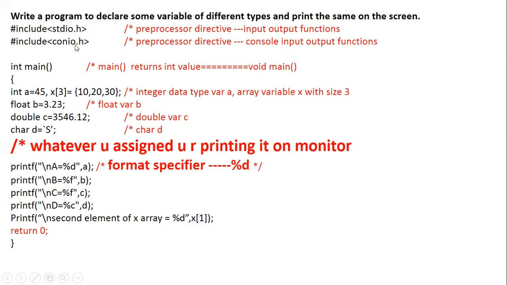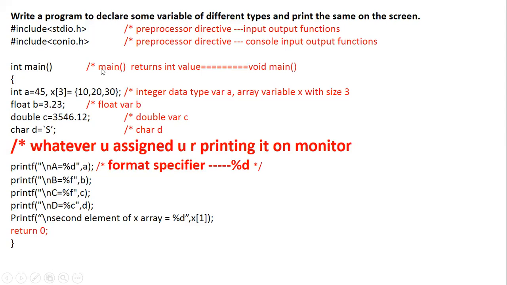Hash include conio.h is regarding the console input output functions. Since we are using the Turbo C++ editor, we include this console input output header file in the program.